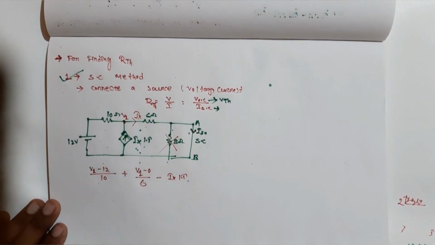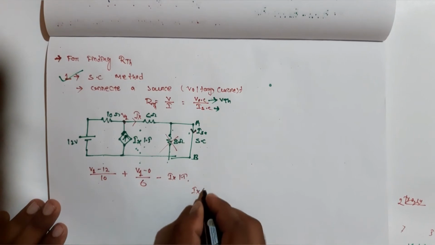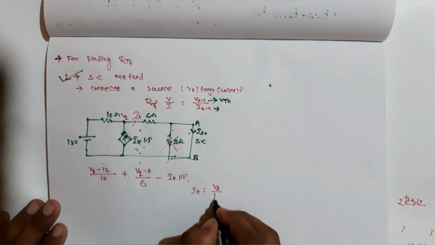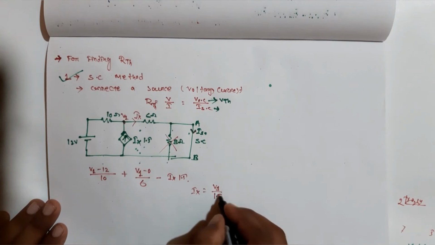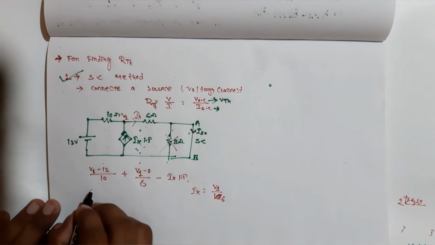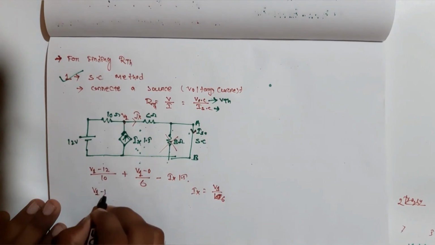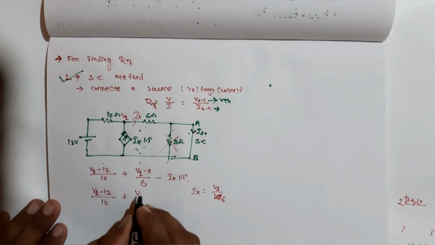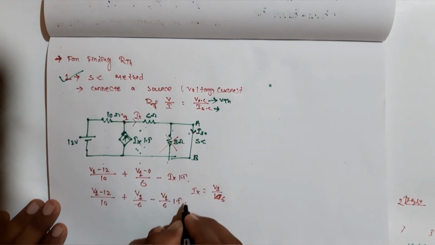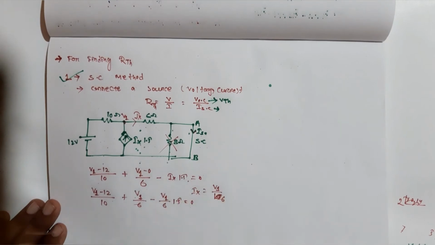Here IX is equal to V1 by 6. We put this value: V1 minus 12 by 10 plus V1 by 6 minus V1 by 6 into 1.5 is equal to 0.